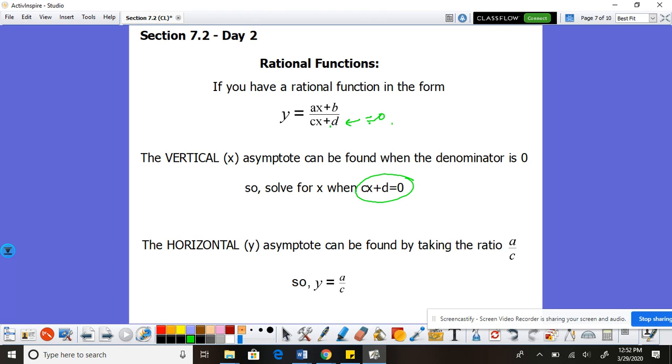We cannot use that x value. Horizontal asymptote can be found by taking the ratio of A to C, and that'll be our y equals, so that'll be our horizontal asymptote. And then from the asymptote, it's about plugging in numbers and then drawing the graph. Asymptotes are the biggest thing.